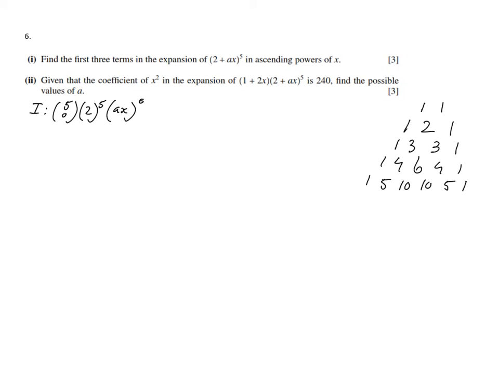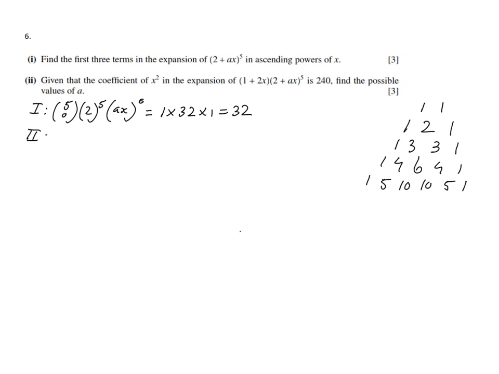Now we all realize to the power 0 is 1, but I still like to write it down, because it reminds me that 5 plus 0 has to be 5, and in a minute 4 plus 1 has to be 5. The sum of these powers always has to be 5. I'm using Pascal's triangle to work this part out, so that is 1. 1 times 2 to the power 5 is 32, and (ax) to the power 0 is also 1, so that first term is 32.